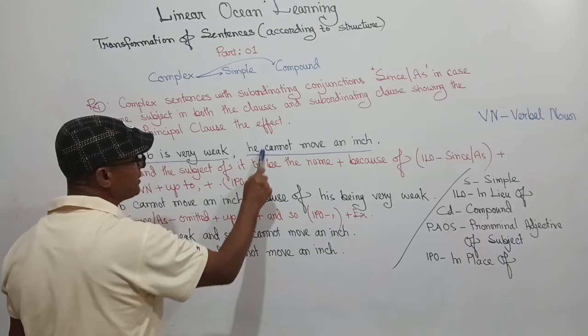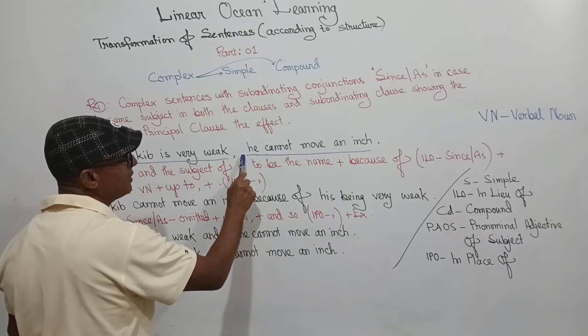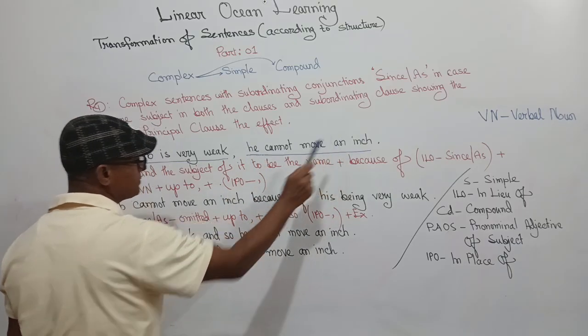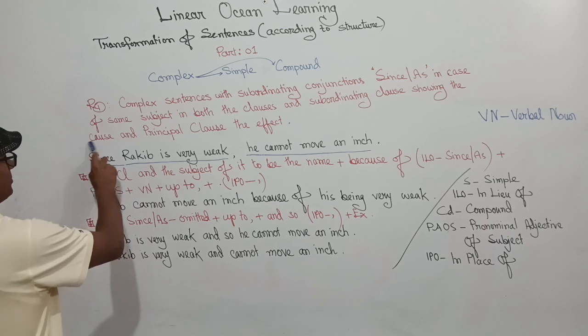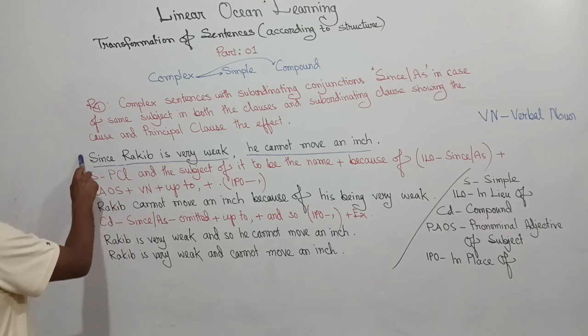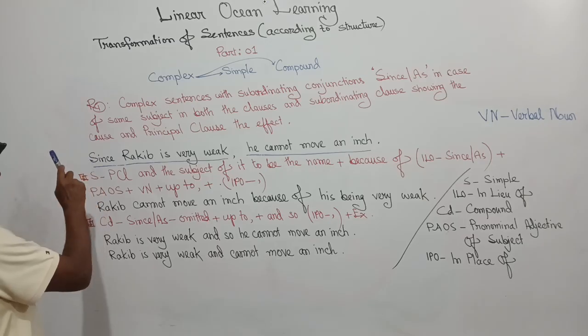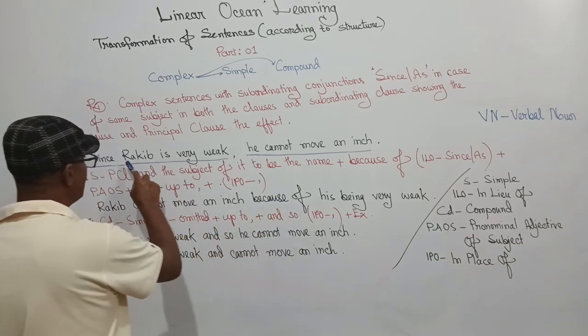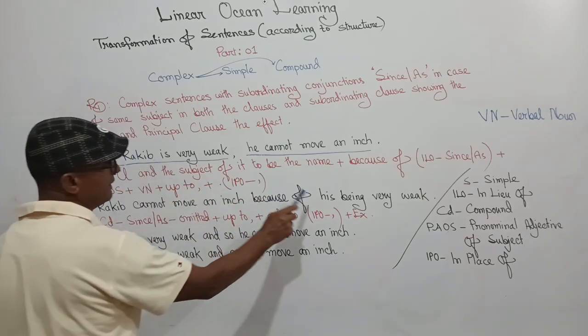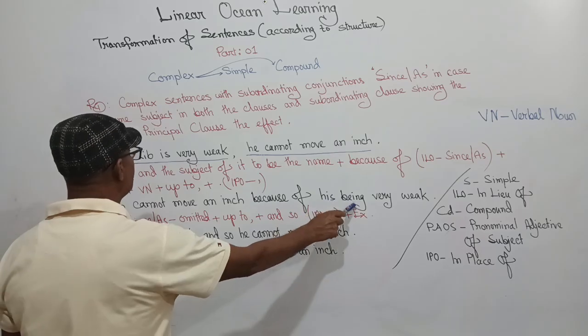Rakib, in place of he it will be Rakib. Rakib cannot move an inch because of, in lieu of, that is instead of, since. Because of, then in place of Rakib it will be his, being.